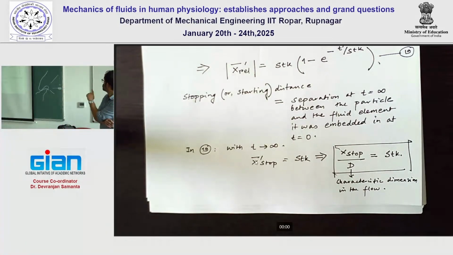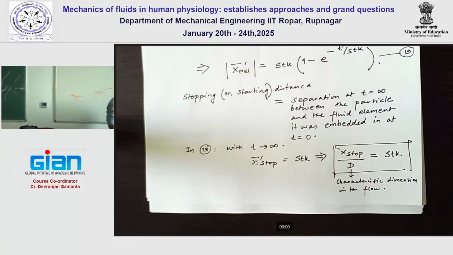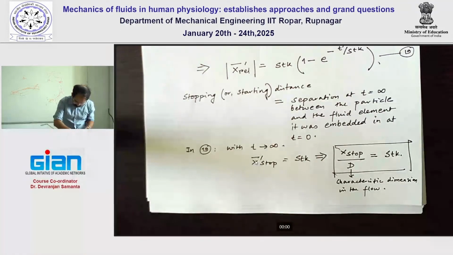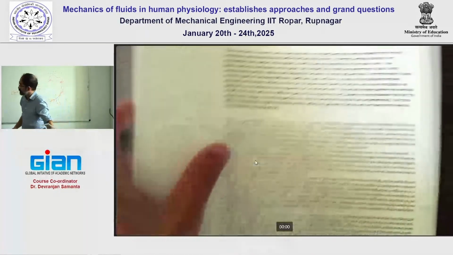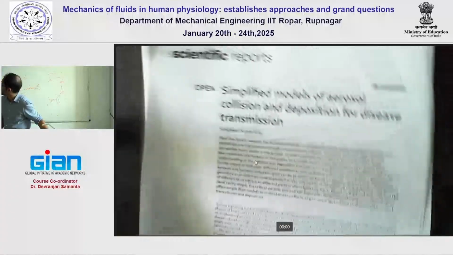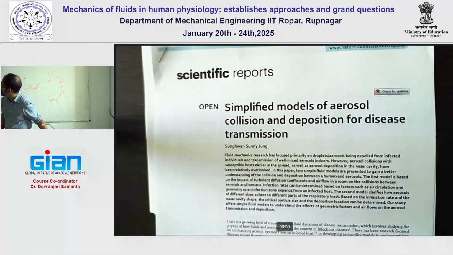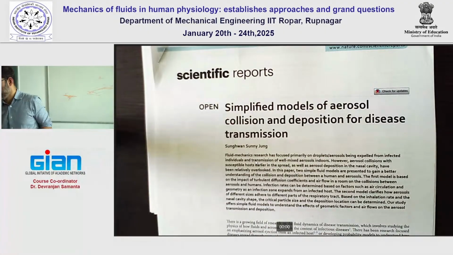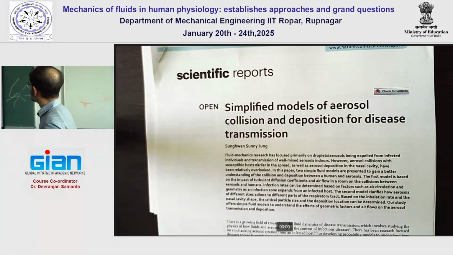Now, I think I have finished within the correct timeline. So the paper that I want you guys to study, I have put it on the shared folder. It's this paper by Sunny Jam. He is a faculty in biological and environmental engineering at Cornell.